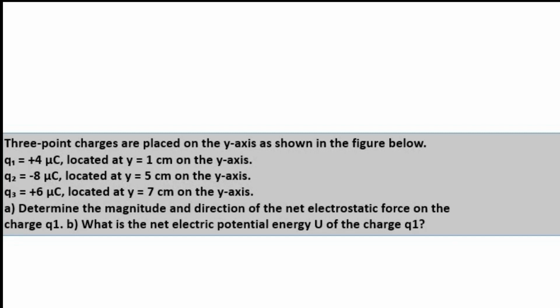Three point charges are placed on the y-axis as shown in the figure below. A. Determine the magnitude and direction of the net electrostatic force on the charge Q1. B. What is the net electric potential energy U of the charge Q1?